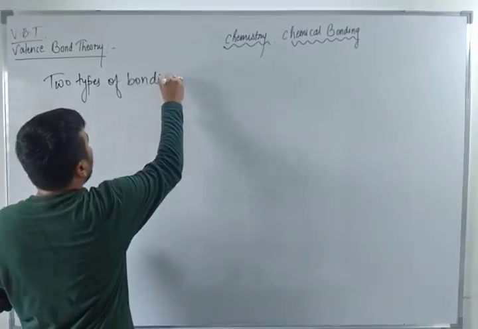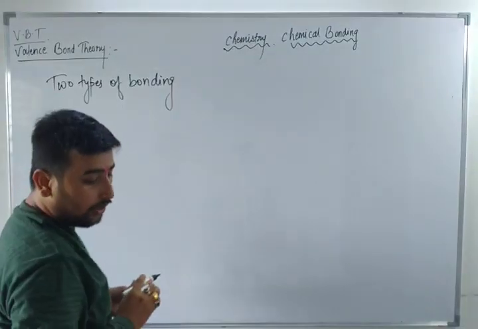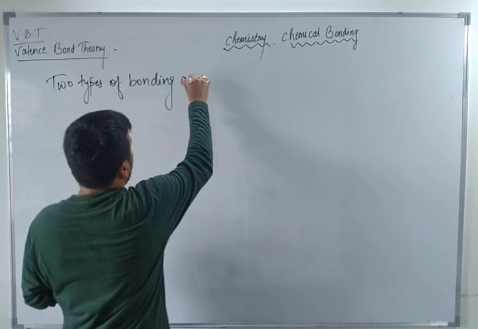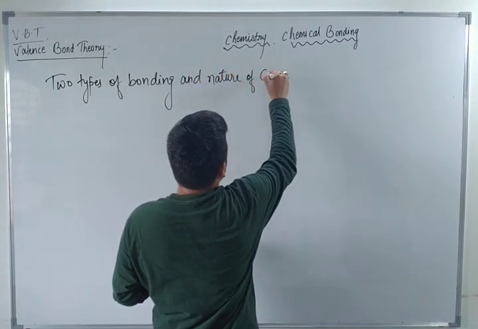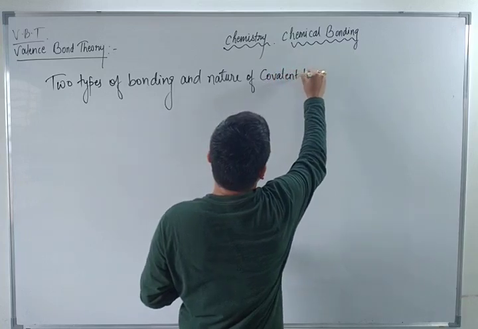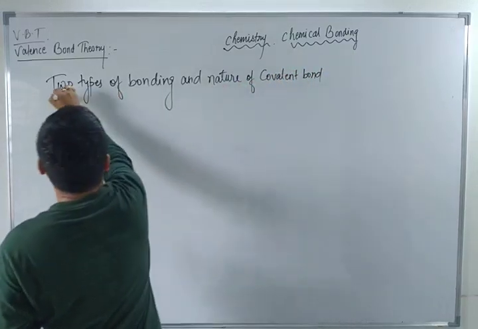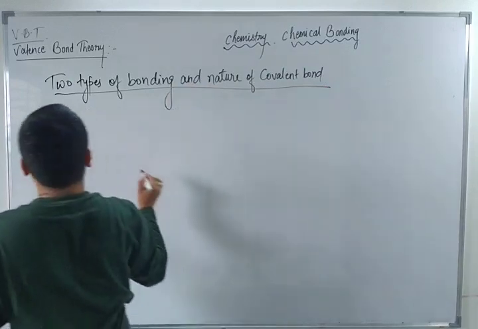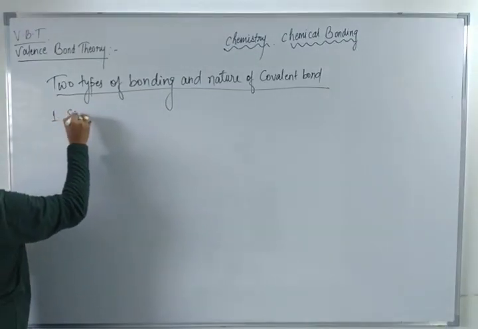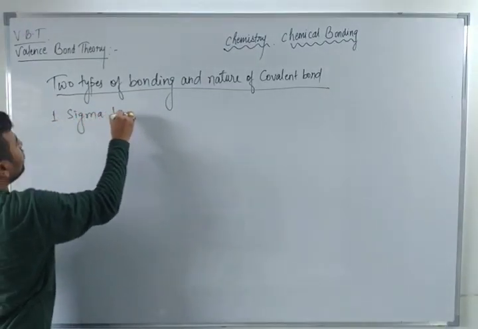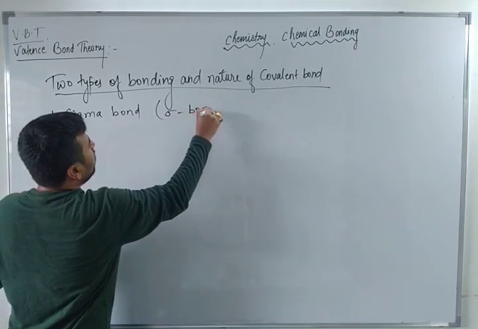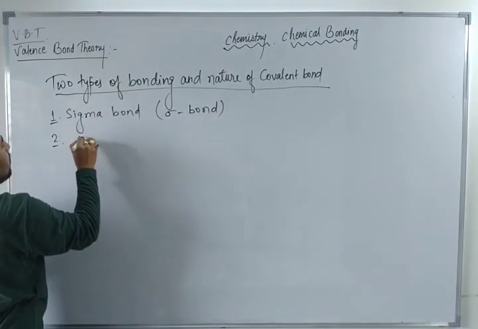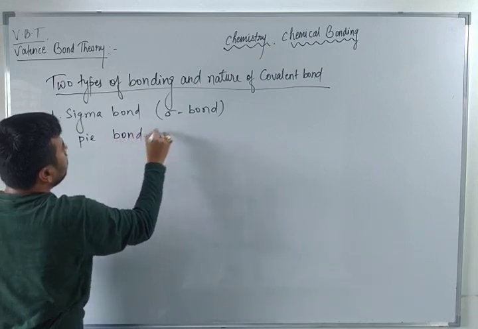You can give this heading in your notebook: two types of bonding and the nature of covalent bond. First, the sigma bonding or sigma bond, this bond, and second, the pi bonding or pi bond, this bond.